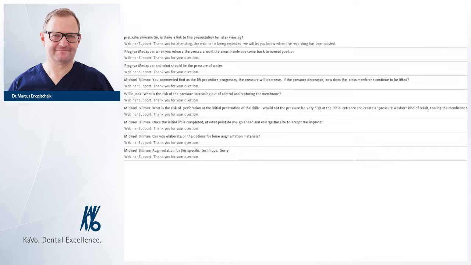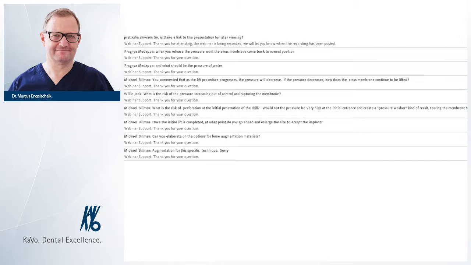But to be honest, there are some problems sometimes, but we made a study, and we saw that just a small part of the patients we treated had a rupture, and the number of ruptures was very, very low. And it can happen, no question about it, but it's less than if you use a balloon, if you use the osteotome, or if you use the conventional external entrance.